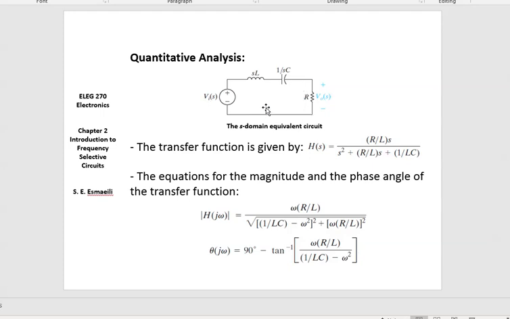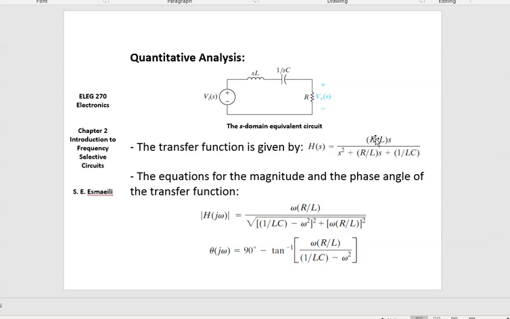Simply, as you can tell here, you can find this transfer function using a simple voltage divider. So V out is V in times R over (R plus 1 over SC plus SL). That's why V out over V in is going to be this value.